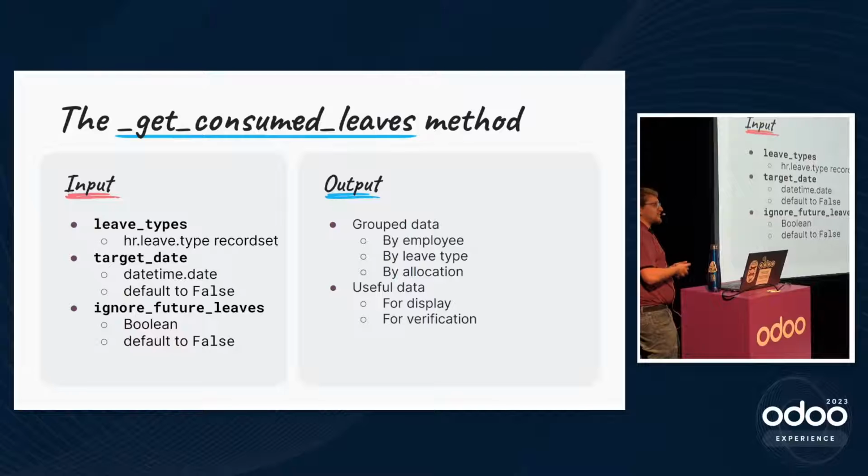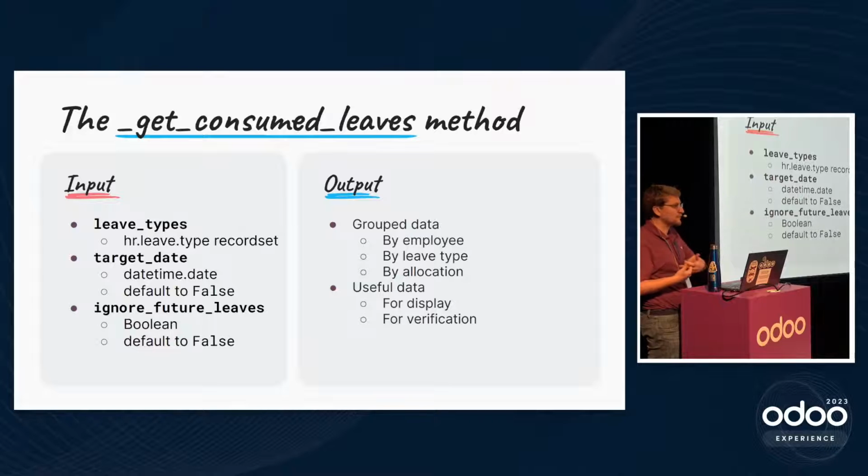It takes the leave types that we want to check. It will take into account the target date. So if you want to create a leave in the future, your allocations might not be the same as they are now, for example. And there is also ignore_future_leaves. We don't take into account future leaves when we work with accruals, for example.